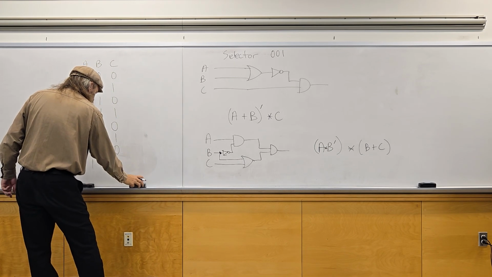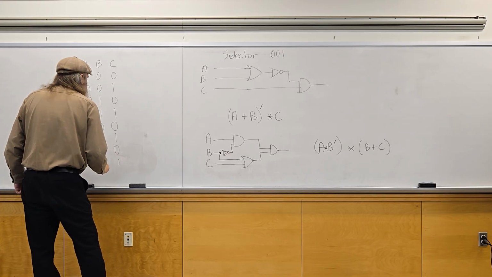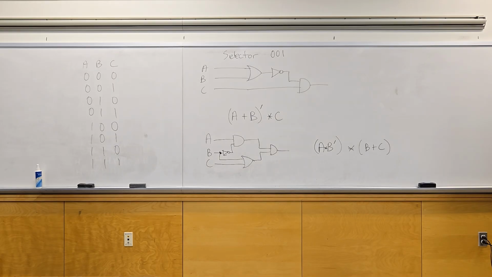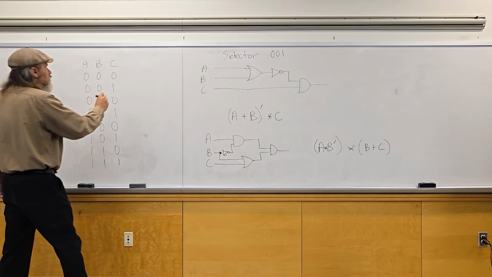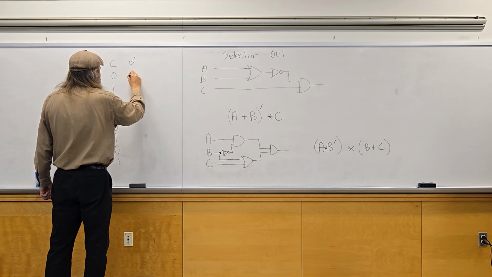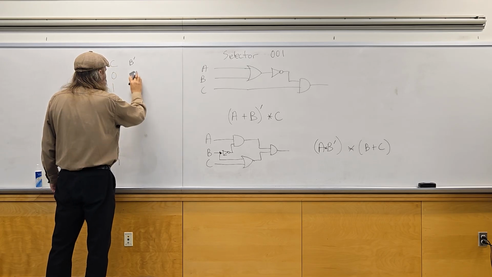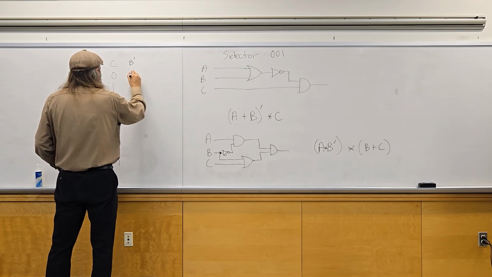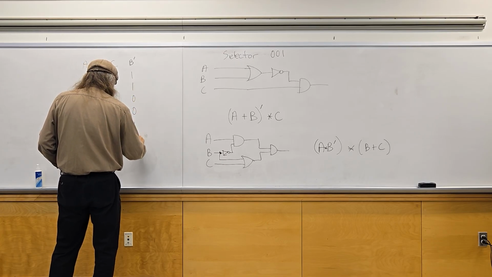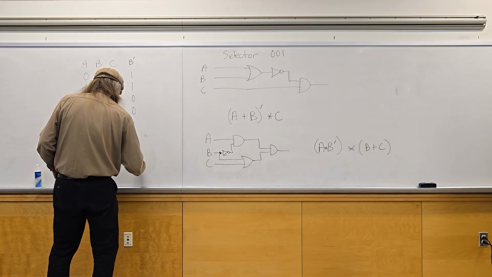Might as well keep this up here because it's still A, B, and C. Got B prime, which is 0, or 1, 1, 0, 0, 1, 1, 0, 0.